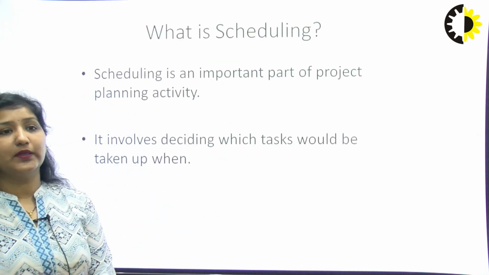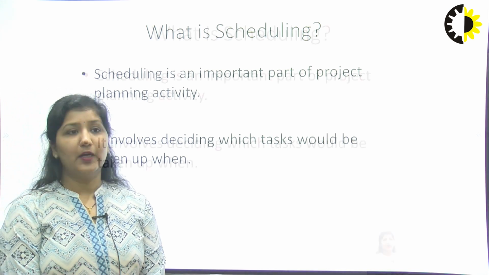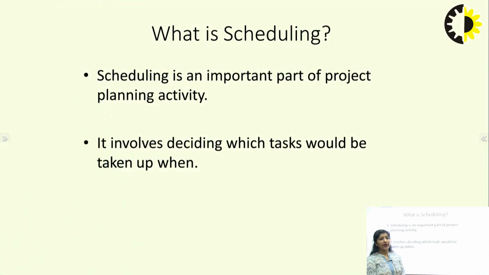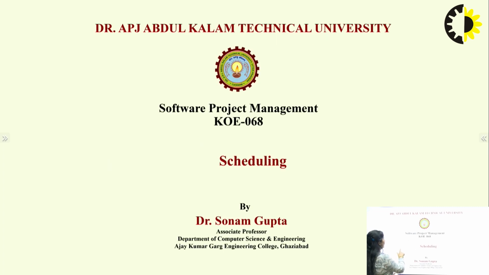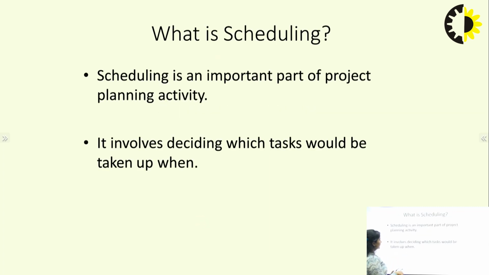Now, what is scheduling? Scheduling is an important part of the project planning activity, and it involves deciding which task would be taken up when. In scheduling, we need to identify what the tasks are and when each needs to be taken up. This is a very important keyword if we talk about scheduling.